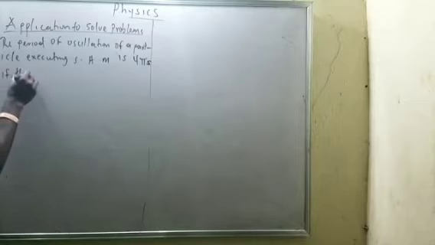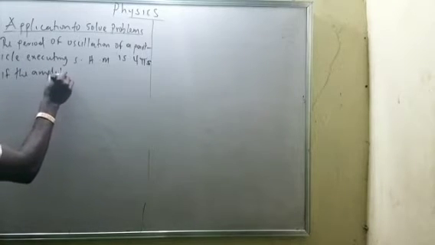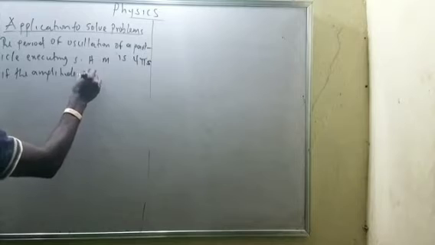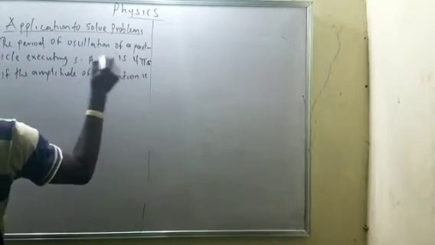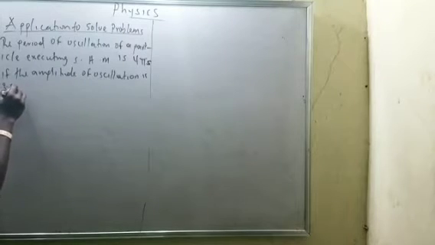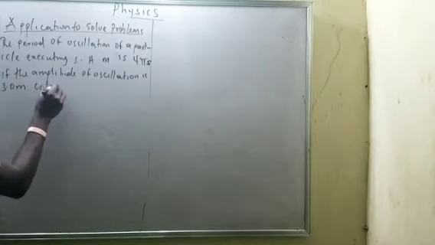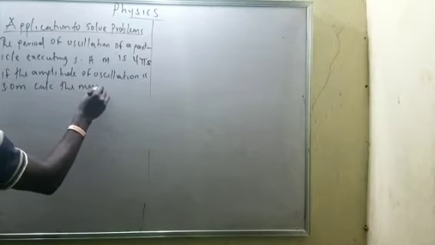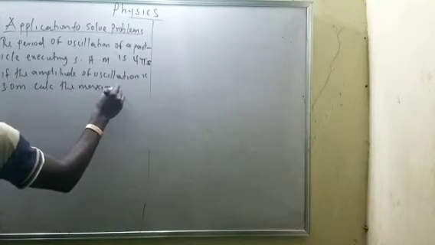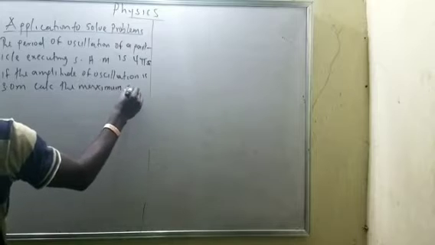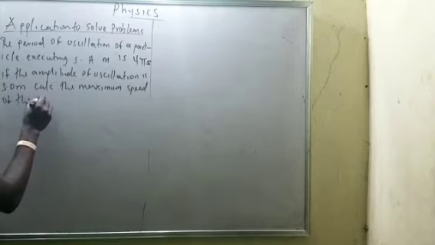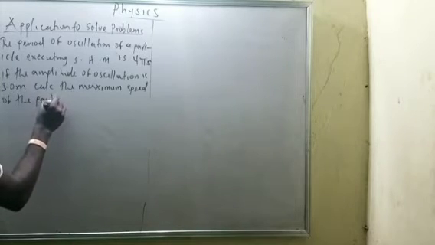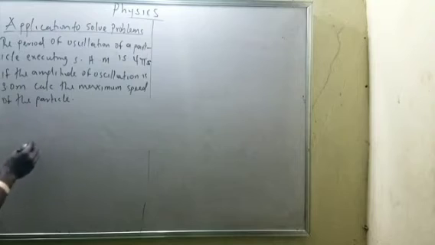If the amplitude of oscillation is 3.0 meter, calculate the maximum speed of the particle. Now, I have this problem to solve.